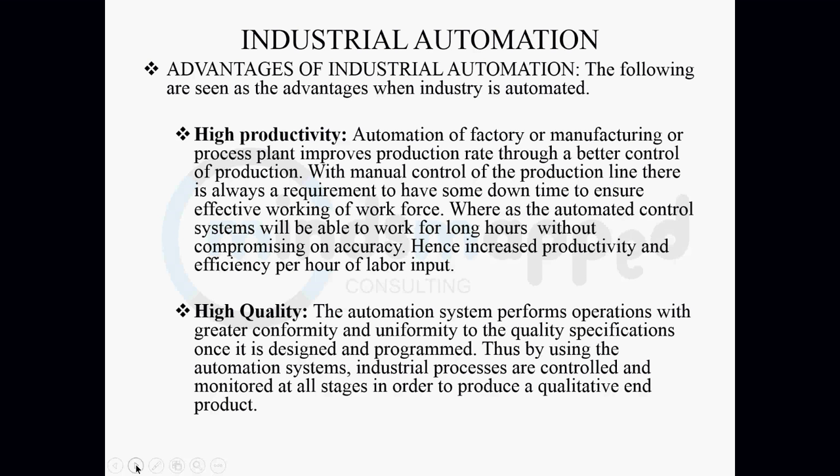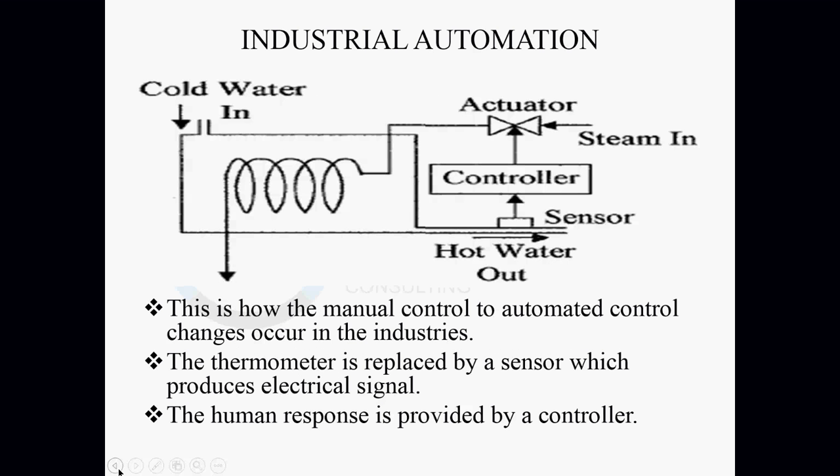Now we come to the point of advantages. What are the advantages of industrial automation, right? Before we move into this, I would like to have a discussion. I would like to know from you what you think are the advantages of industrial automation.